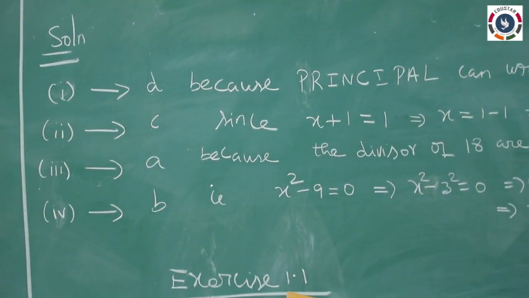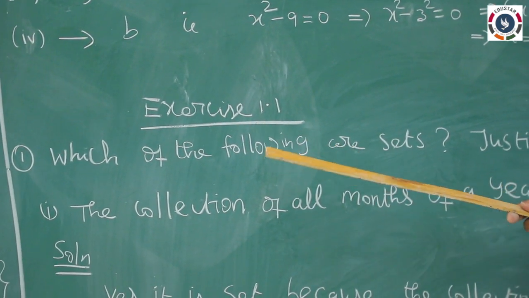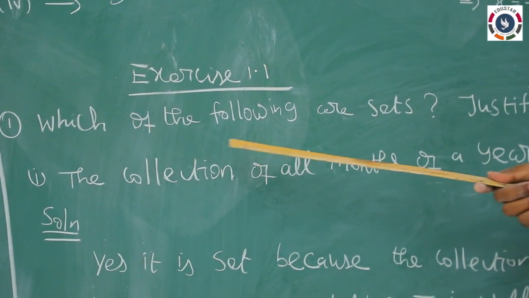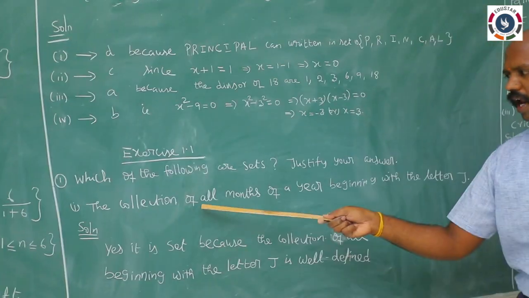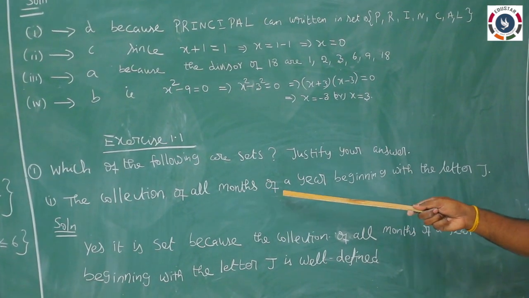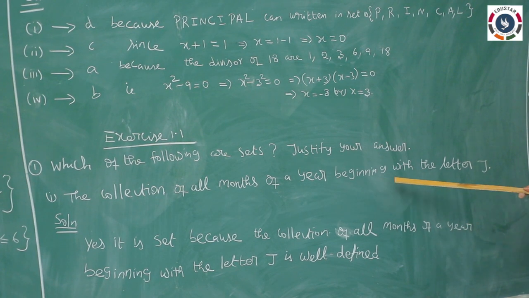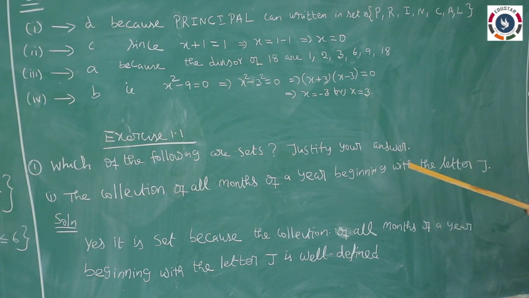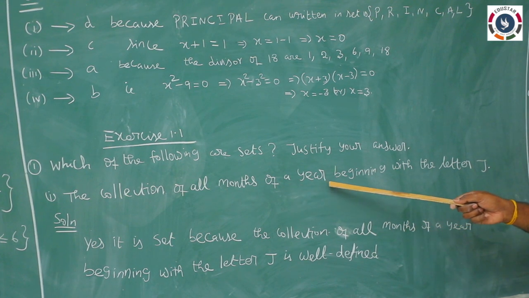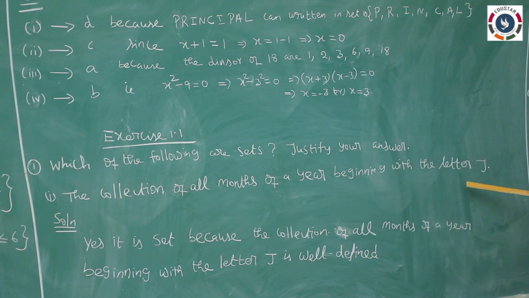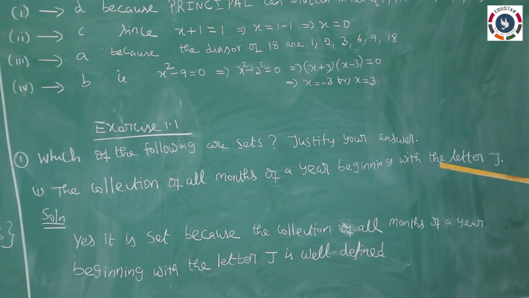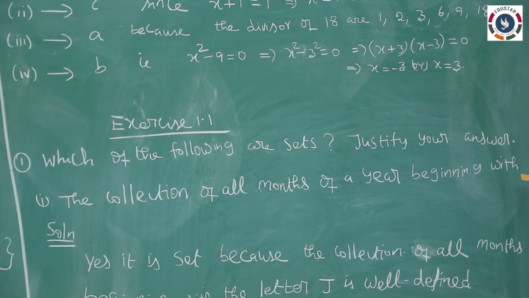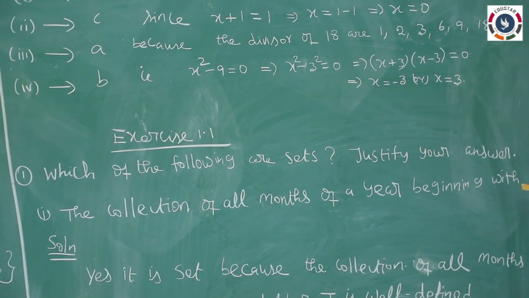Next we go to exercise 1.1. The first one: which of the following are sets? Justify your answer. The first problem: the collection of all months of a year beginning with the letter J. We know that the months beginning with the letter J are January, June, July.